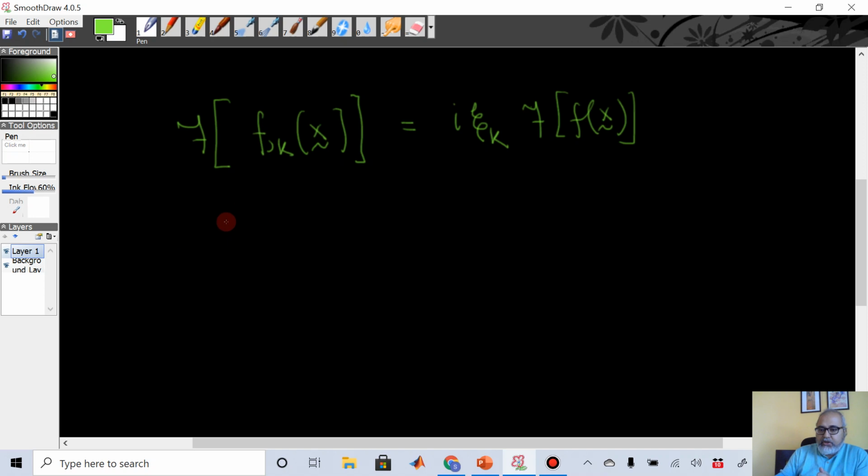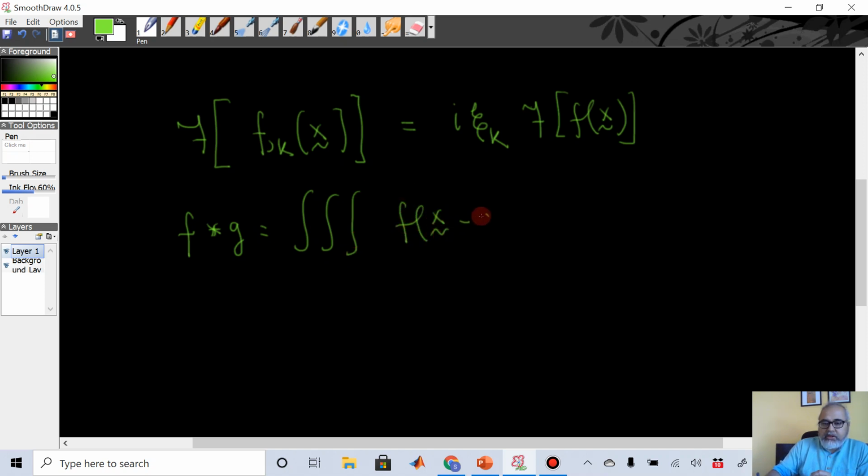For 2D functions, or even for 3D functions, the convolution of f and g is defined as the integral of f(x minus a) g(a) dA. This is how it is defined in 3D.